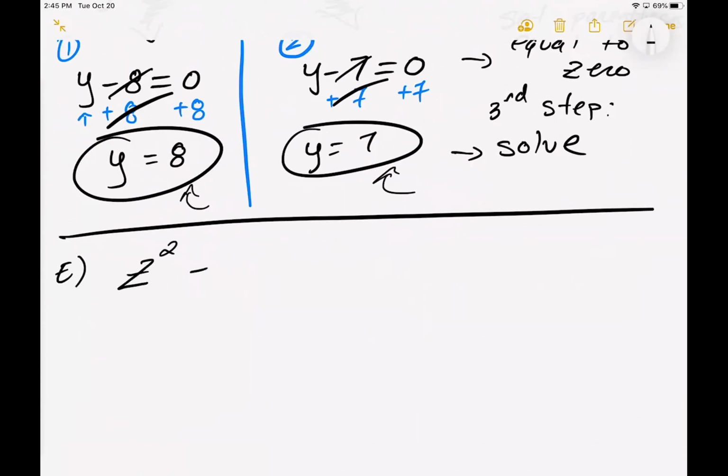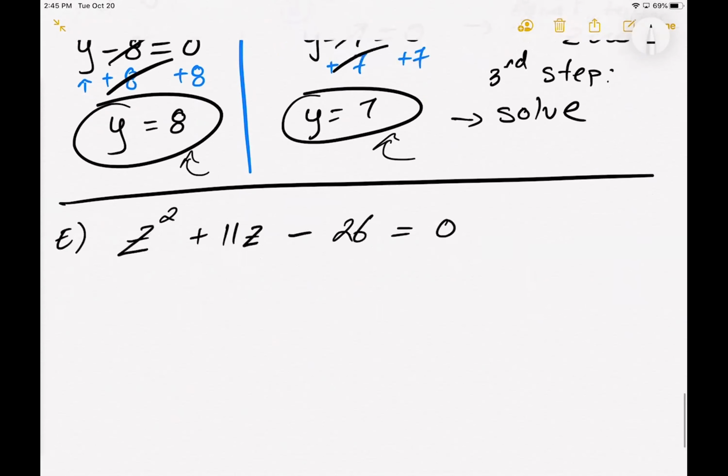So z squared plus 11z minus 26 equal to 0. See if you can solve for z.